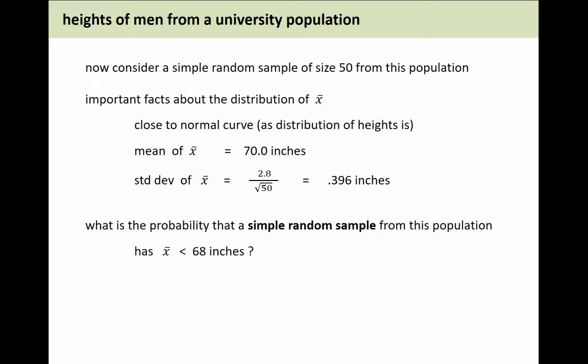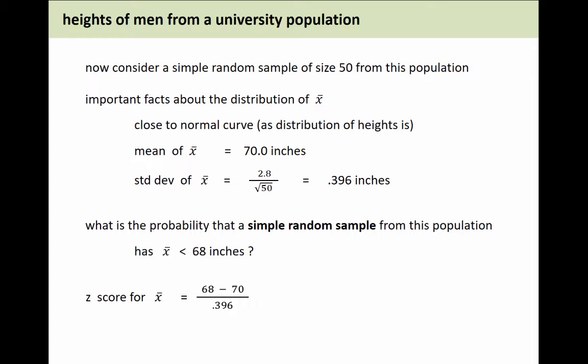What is the probability that a simple random sample from this population of size 50 has an x bar less than 68 inches? So this time we're making a z-score for x bar, and so we're still looking at 68 as the number we're interested in, but now it's for x bar.